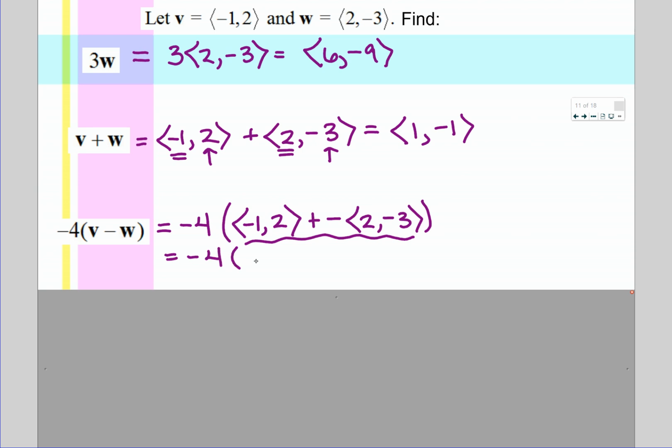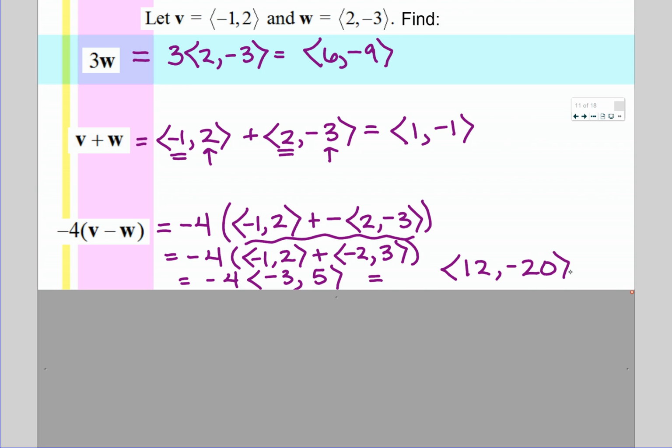I'm going to distribute that negative in. So it'll give me a -2 and a +3. And because it's addition, I can just combine my like components together. So -1 and -2 give me a -3. 2 and 3 give me 5. And then distribute the -4 through, and you have your final answer of 12, -20.